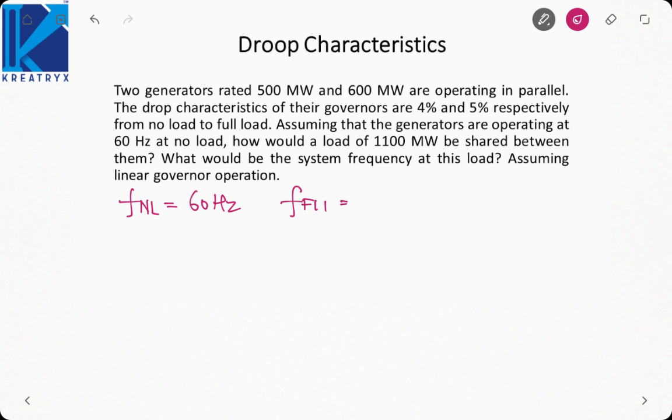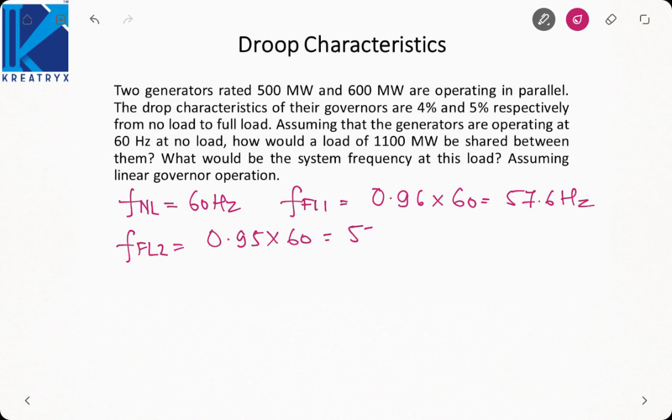It has a droop of 4%, 0.96 into 60, 57.6 Hertz. What about second one? It has a droop of 5%, so it will be 0.95 into 60, which is 57 Hertz.